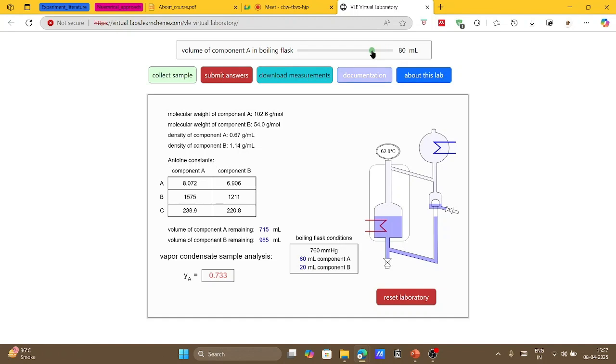So from 90, let's go to 80 ml and collect the sample. This data is automatically stored. We will take that data at the end. Here you can see, as I am changing the composition, the equilibrium temperature is also changing. Right? So from 70, let's go to 60.